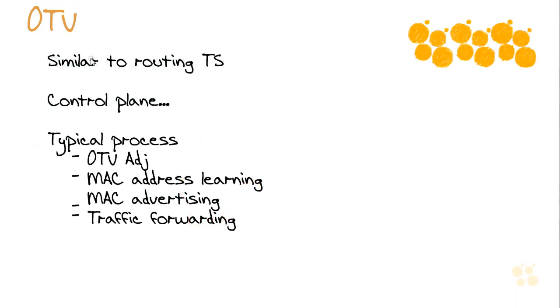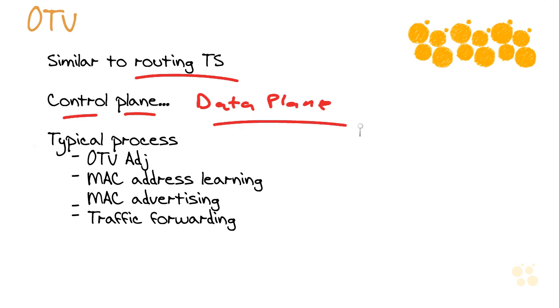Now, when I troubleshoot OTV, I really find myself following a process that's very similar to troubleshooting a routing infrastructure. By that, I mean I make sure the control plane is built beautifully, and then after that, and only after that, I would go ahead and examine the data plane functionality.